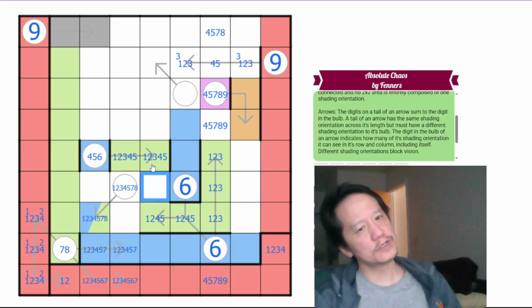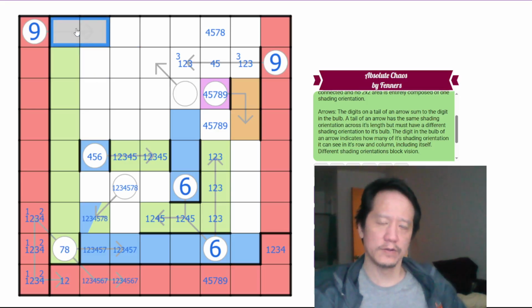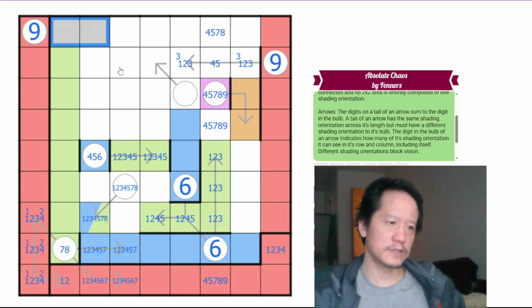Oh, that's interesting. So if these are both green, this has to be blue. Otherwise, this is blue. So somehow the blue must either go here or go here.